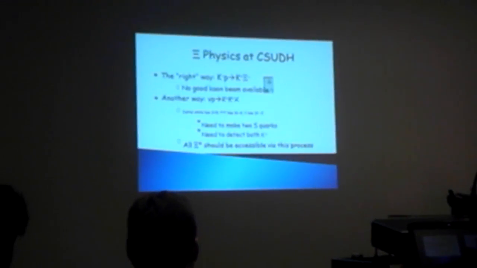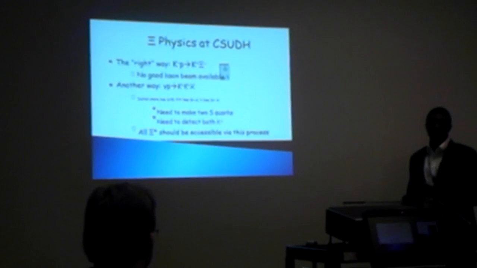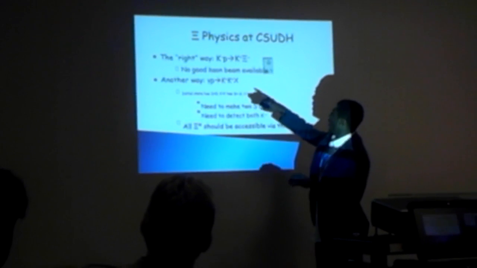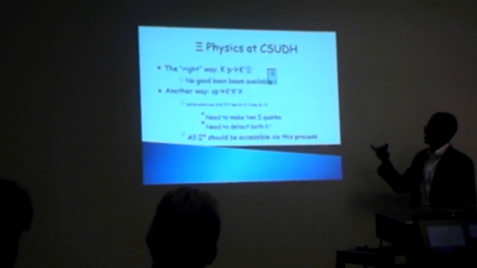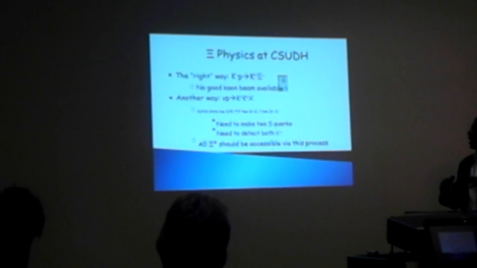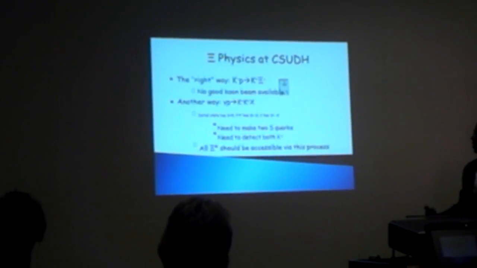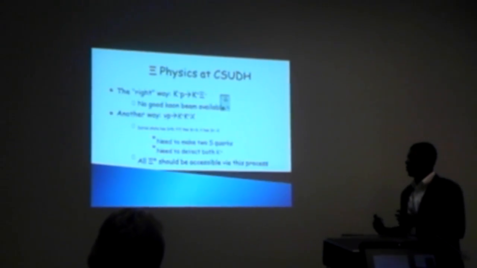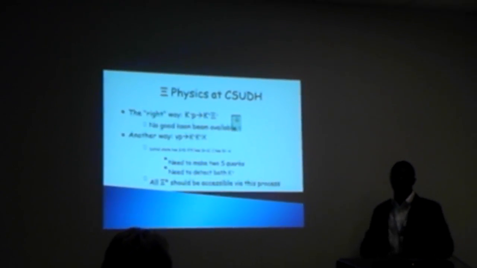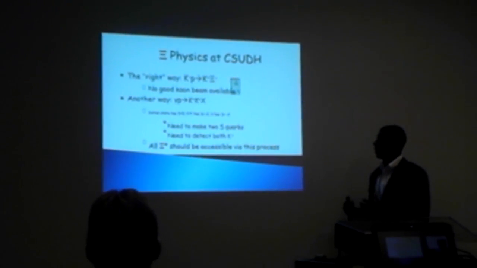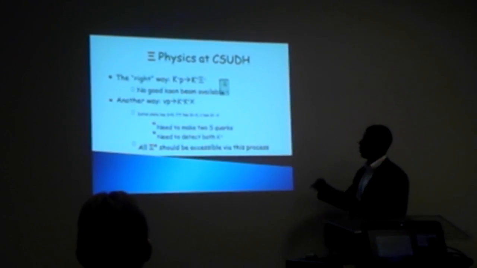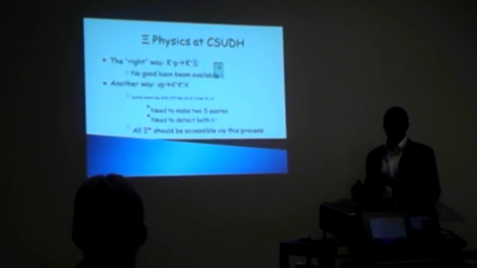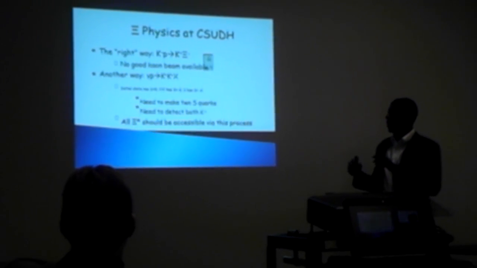So basically at Dominguez, we have a kaon and a proton, and we get a kaon plus and a cascade minus. But since there's no good kaon beam available, we take a different approach. We have a gamma proton, and we get out a kaon plus, and we have a variable, X. So we study the variable.